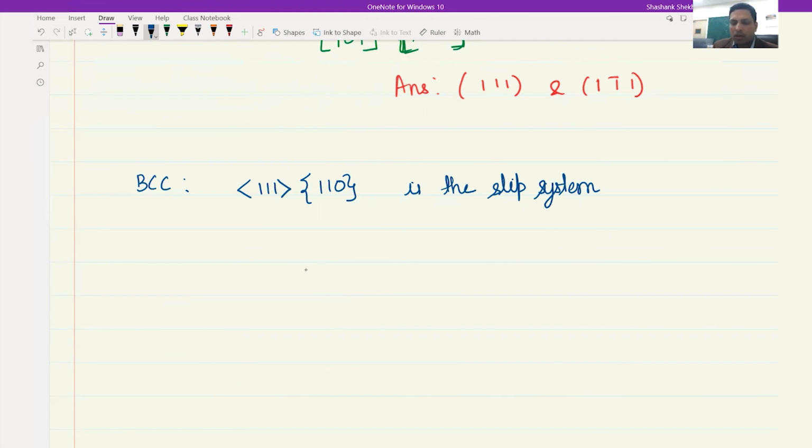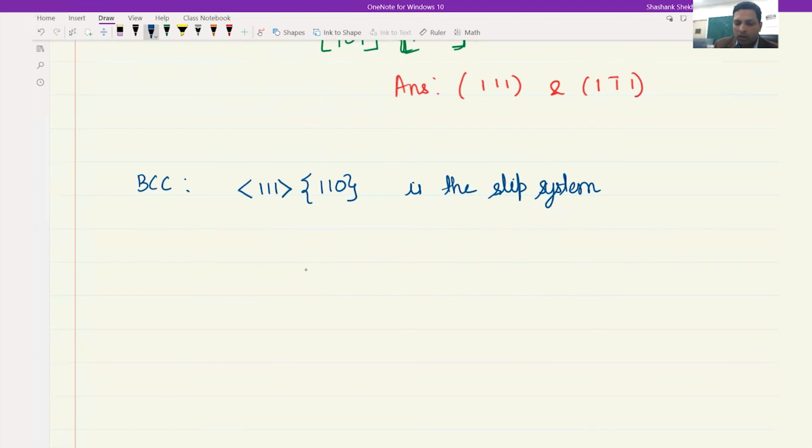And here it is the family of planes. So 1 1 0 are the type of planes where this dislocation can move. Actually, there are more than one planes in different BCC systems, but this is the most common set of planes. And we will also show theoretically why this is the most favored slip plane.